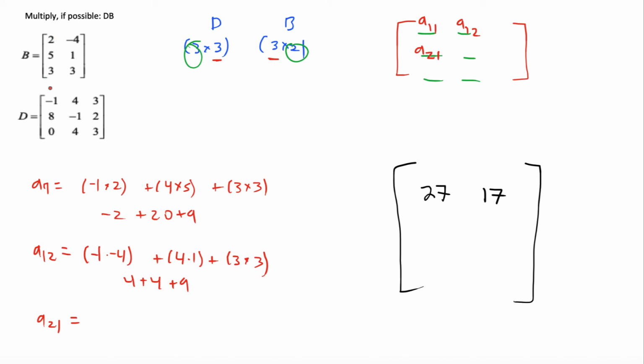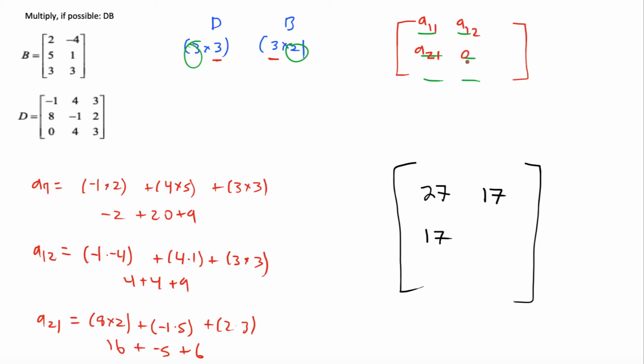We're going to multiply the corresponding entries together. So we get 8 times 2 plus -1 times 5 plus 2 times 3. So 16 plus -5 plus 6. That gives us 17. So that should be our entry here.